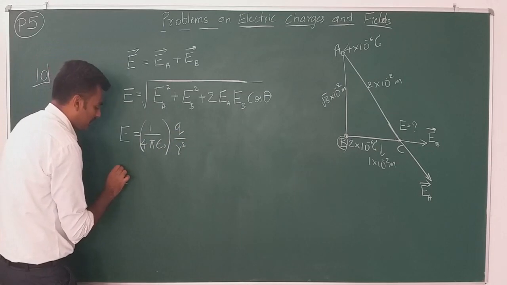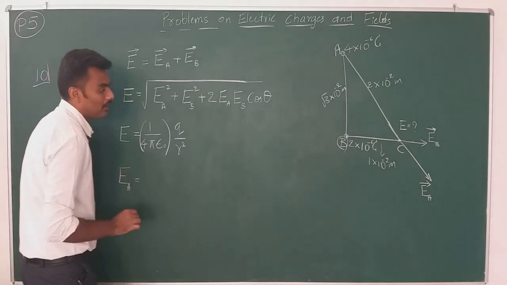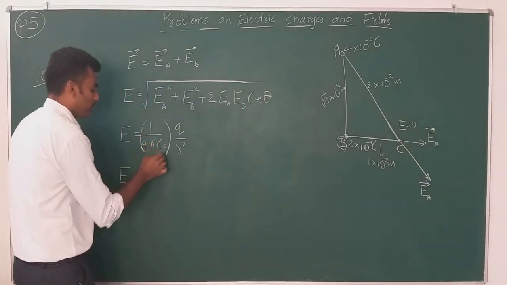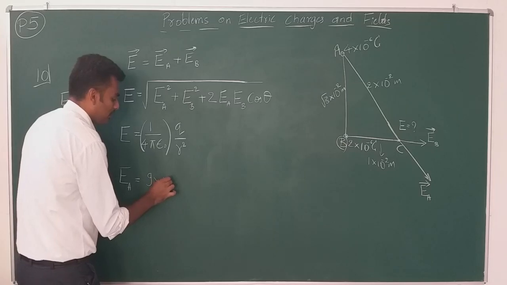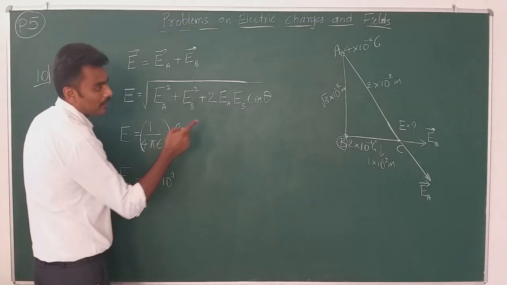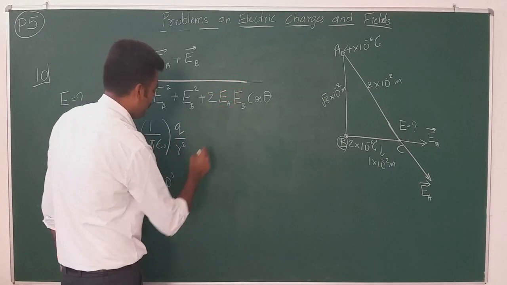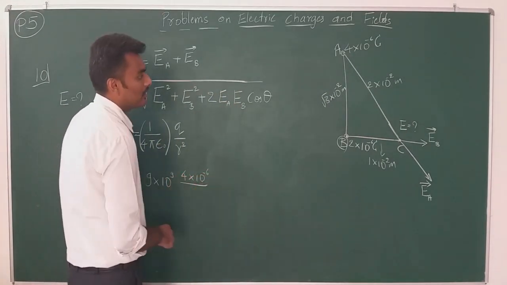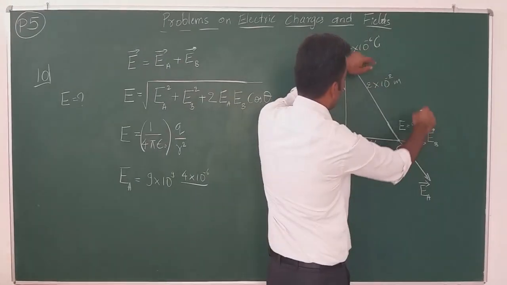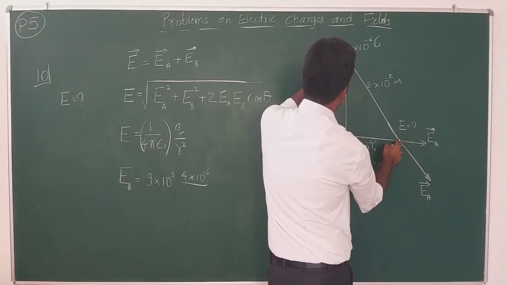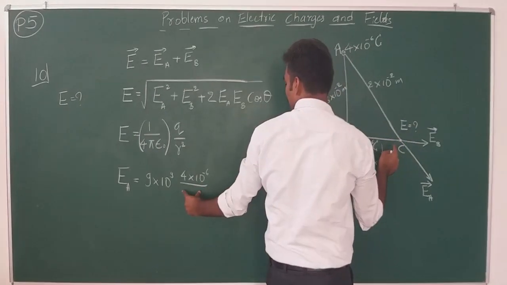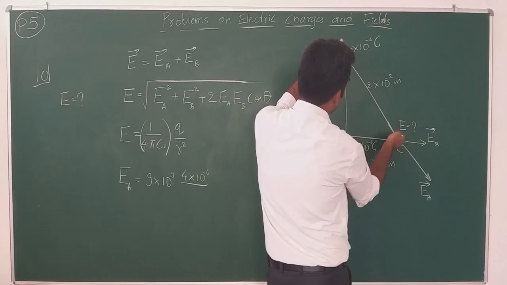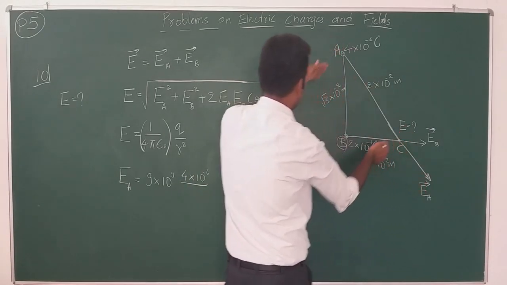Then working for EA, the magnitude of EA is equal to 1 by 4 pi epsilon naught, which is 9 into 10 to the power of 9, times the charge at A, 4 into 10 to the power of minus 6, divided by the distance between A and C squared. This is the distance which we need to consider for EA.